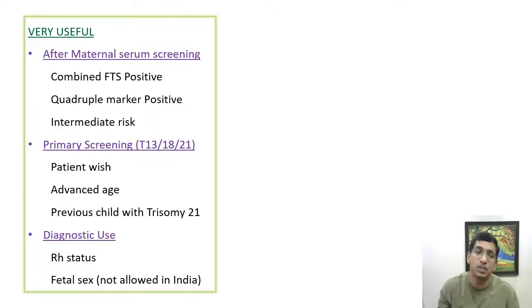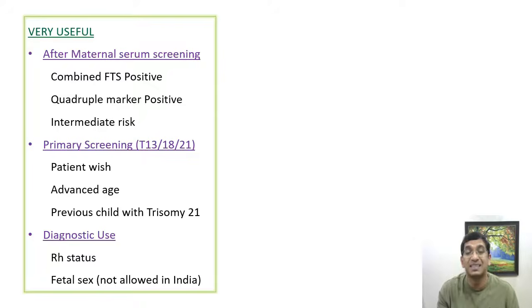And again, diagnostic use, Rh status, it is available in India now and we are starting to use it. It's recently available since last few months. And fetal sex, of course it's not allowed in India, but in countries where it is allowed, it can definitely be used to let you know whether it's a male or a female baby in cases of X-linked disorders.